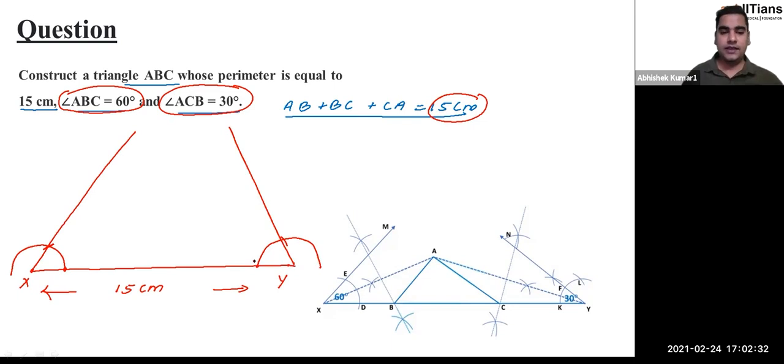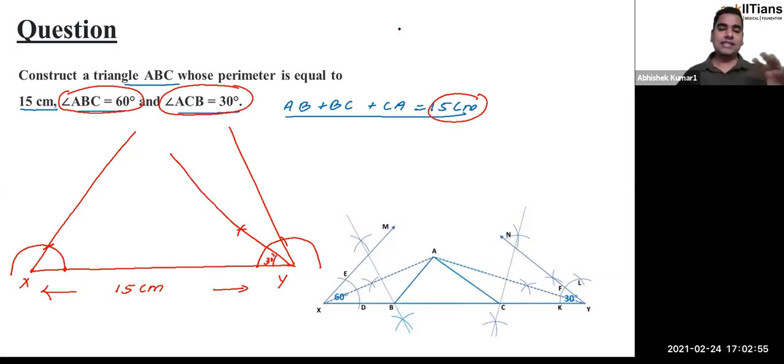This is your 60 degree. Then we are going to bisect it. If you bisect it, you will be getting 30 degree. Clear? This is your 30 degree. One second, let me redraw it. Clear? So this will be your 30 degree.